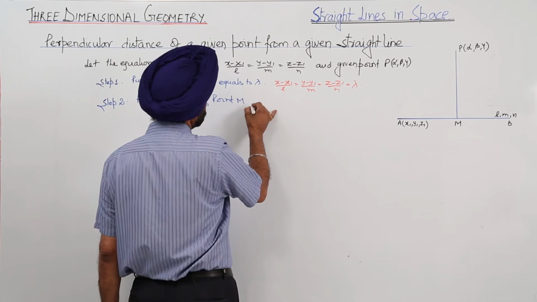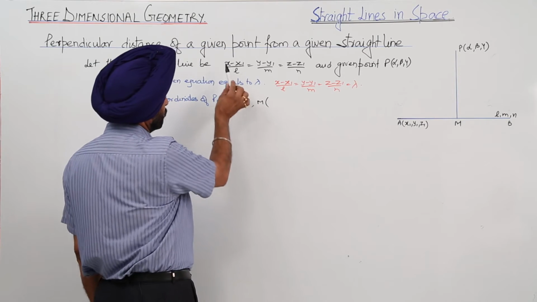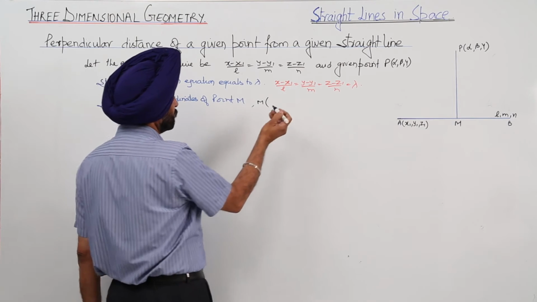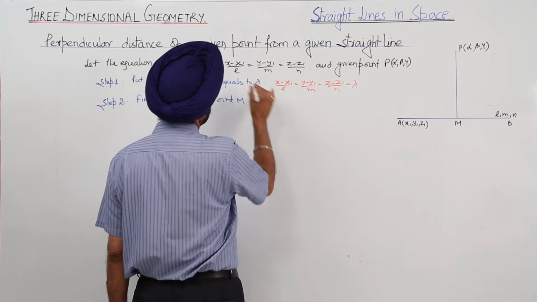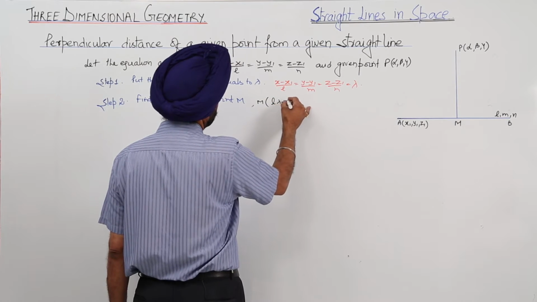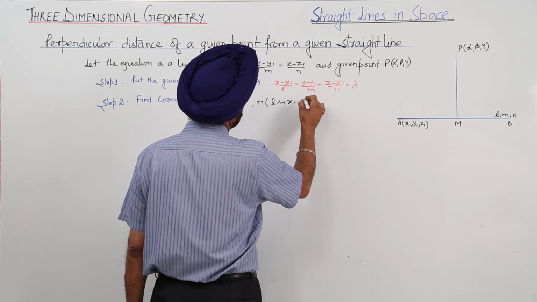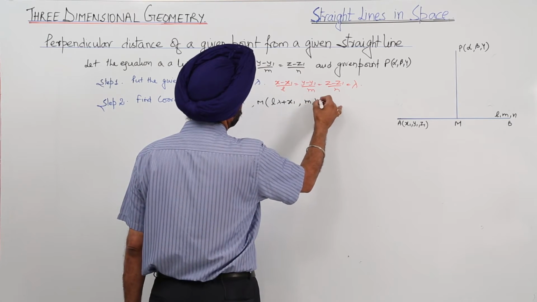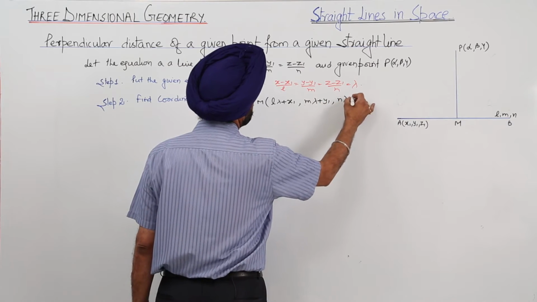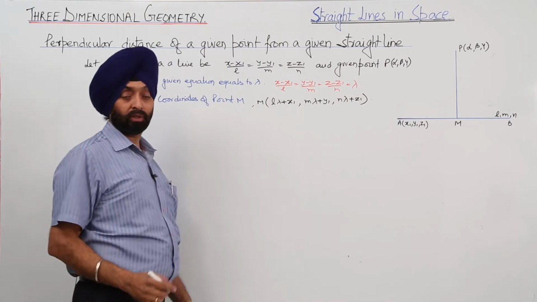So, we write (x minus x1) upon L is equal to lambda. Then the coordinates of point M will be L lambda plus x1, M lambda plus y1, N lambda plus z1. These are the coordinates of point M.